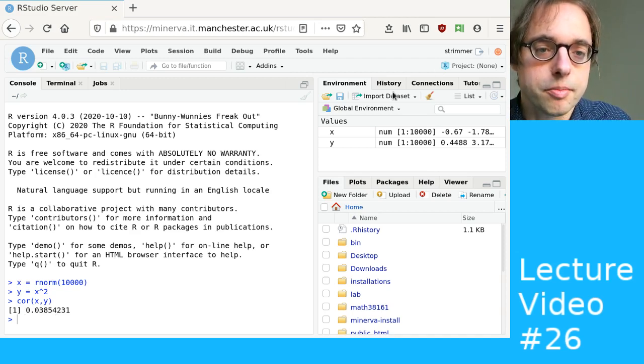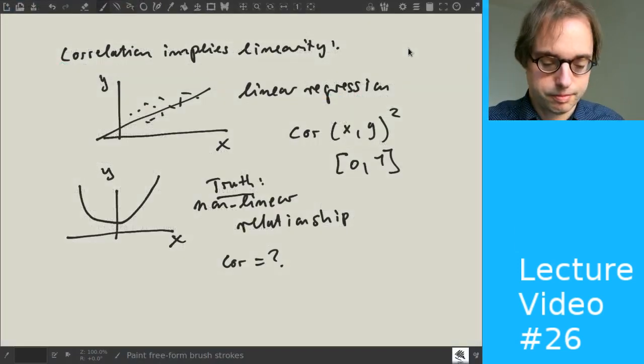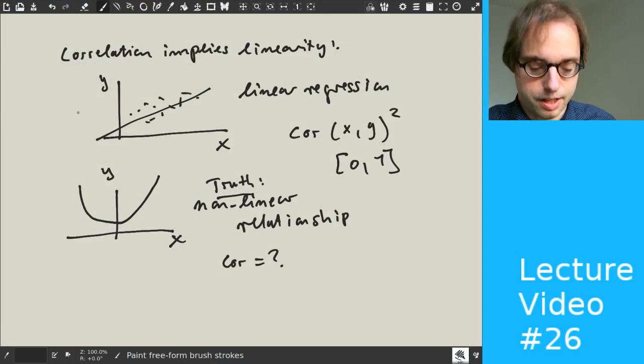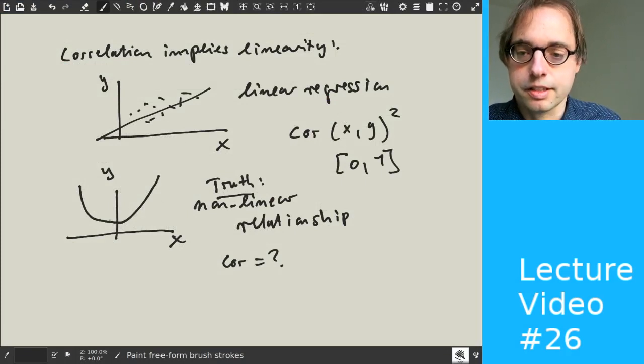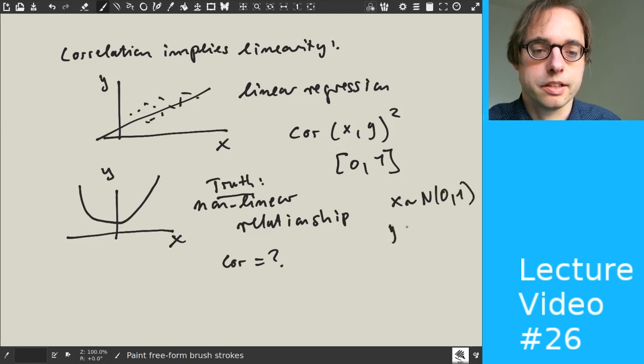So let's go back to our little pad here. So the result is, if x comes from N(0,1), and y is just x squared, then the correlation between x and y is approximately 0.